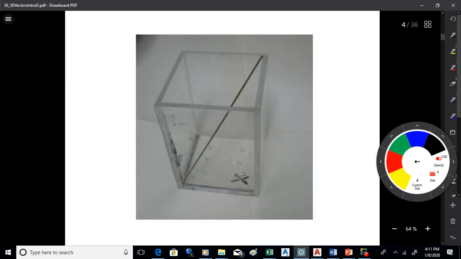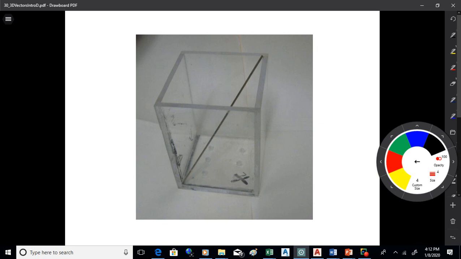So we're thinking something like that, where we have a nice rectangular box and we have a vector that goes from one corner to the opposite corner in the box. And that is how these vectors work in three space. Something like that, okay?